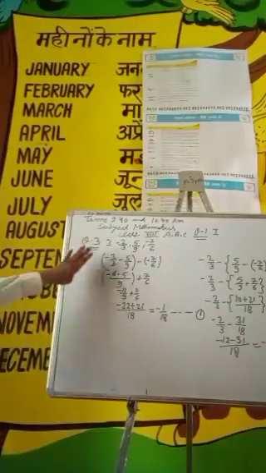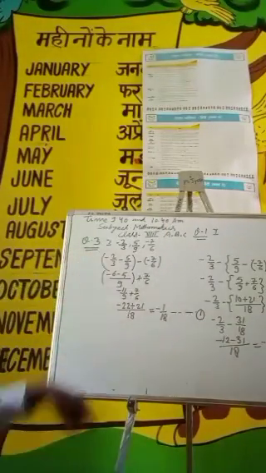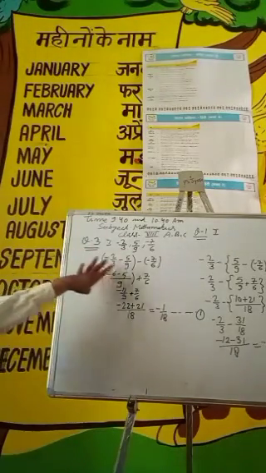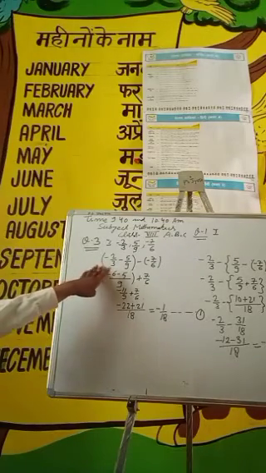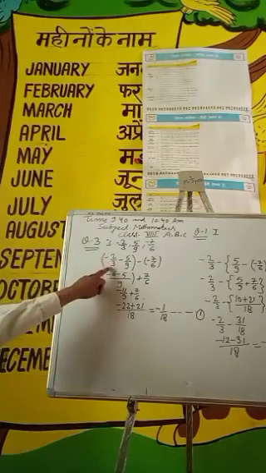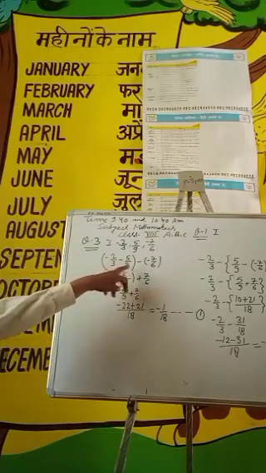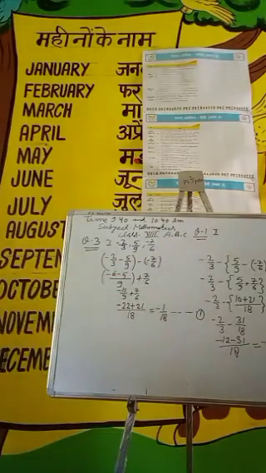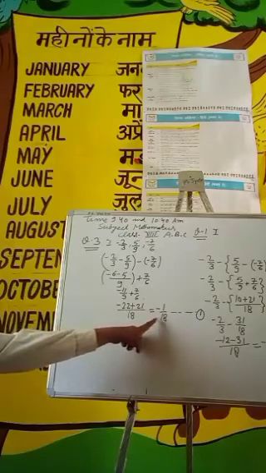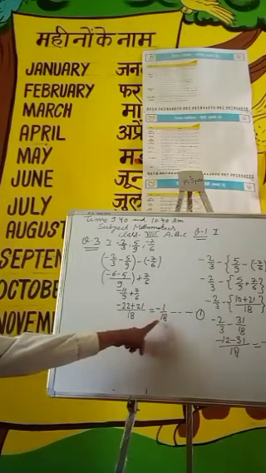From first part, minus 2 upon 3, comma 5 upon 9, comma minus 7 upon 6. First group is with minus 2 upon 3, minus 5 upon 9, minus bracket minus 7 upon 6. This is the second group. We solve this first and give the result minus 1 upon 18.